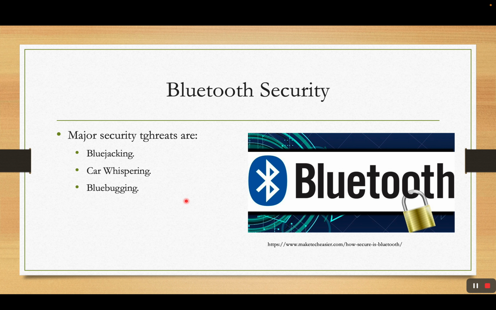This type of attack is usually harmless and is often used for fun or advertising purposes. Now, car whispering is a security vulnerability that allows an attacker to gain unauthorized access to a Bluetooth enabled car's onboard computer, typically to steal sensitive information or take control of the car's functions.